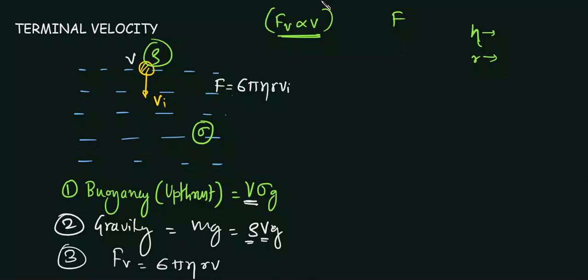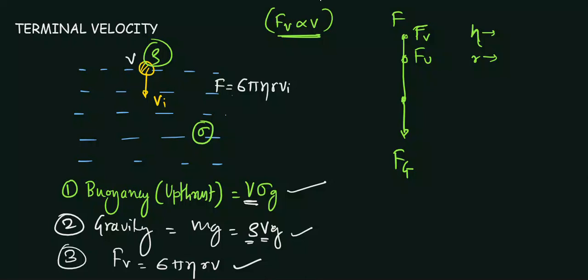Okay, so what will happen when it comes downward? This viscous force will gradually reduce its speed. This buoyant force and this viscous force are acting against this gravity force. If you take the FBD, free body diagram of this sphere, the gravity force Fg will be downward, and the upthrust Fu and this viscous force will be upward.